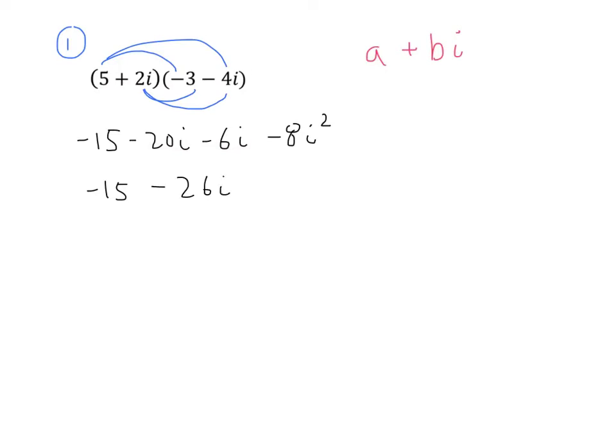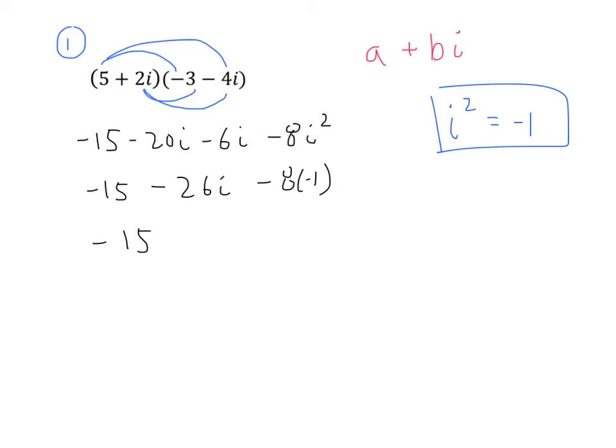What about this part here, negative 8 times i squared? Remember what we talked about in the previous slide. What does i squared equal? i squared is equal to negative 1. So this part is just negative 8 times negative 1, which is positive 8.